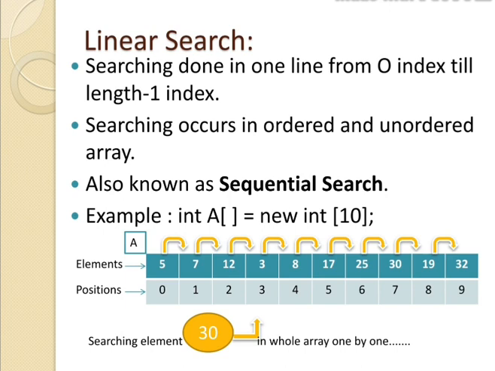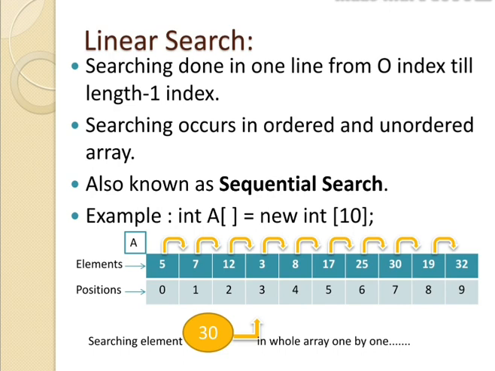See, the third one. Because linear search moves in a sequence, that's why it is also known as sequential search. In an array, it always moves in a sequence. That's why it is also known as sequential search.